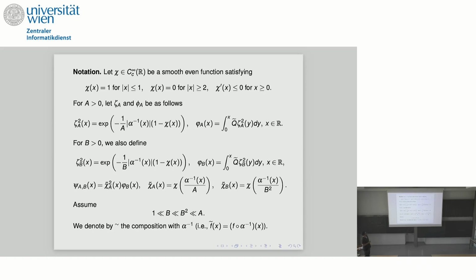You have a particular weight that is exponentially decreasing with a particular decay rate capital A, another with a particular decay rate capital B, and then you construct your virial weights using these particular choices. And what is important for us is that we have a certain decay scale given by capital B that is very large, but capital A is even larger.